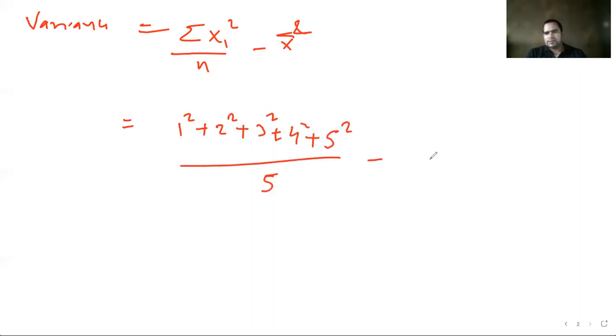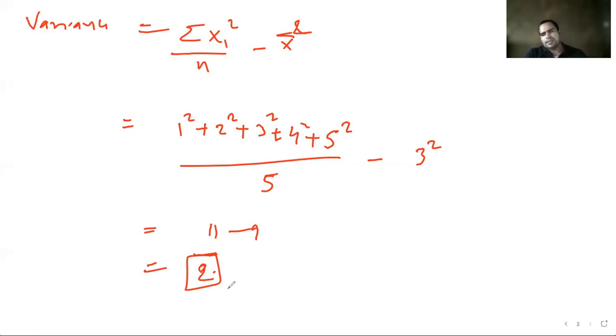The mean is 3, so 3 square. So this will be 11 minus 9, which comes out to be 2. So this is how you do it. This will be the variance, and standard deviation will be the square root of this.